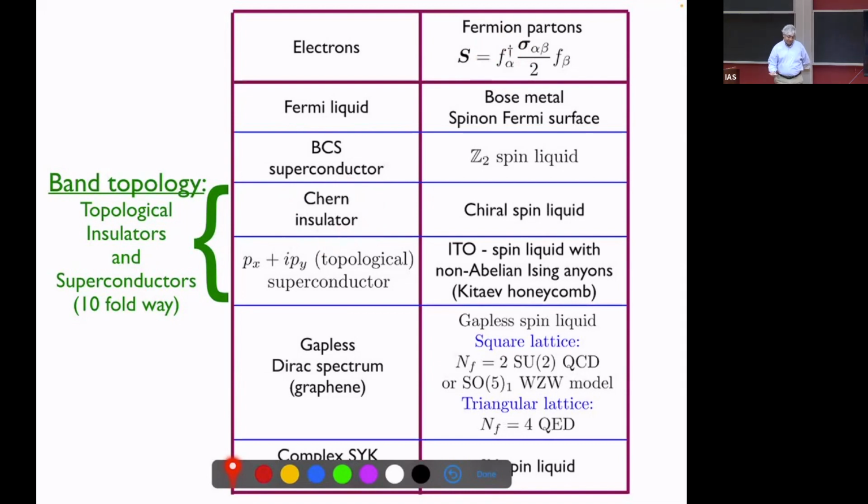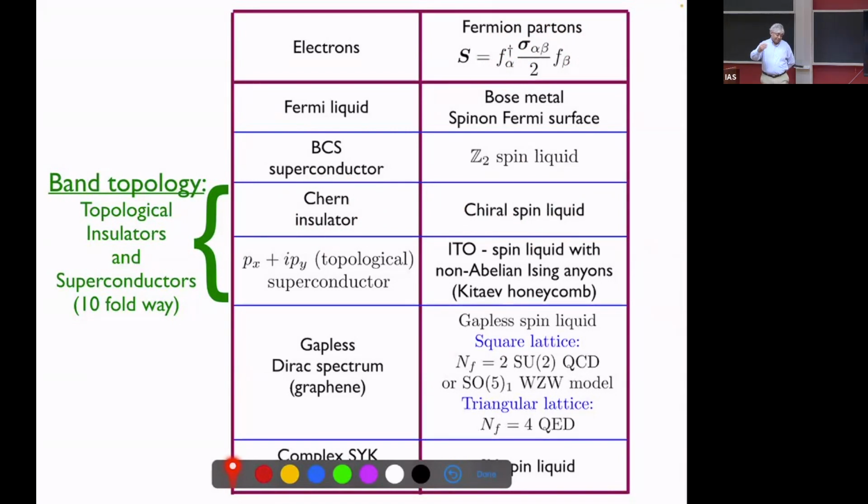Then you get a theory with anions, because there's a gauge field here. And that's the chiral spin liquid. So that's what I hope to talk about today, but let's see how much time I have. Today, the plan is to do this Parton construction, obtain a Chern insulator, and then show that when you gauge it, you get a chiral spin liquid.